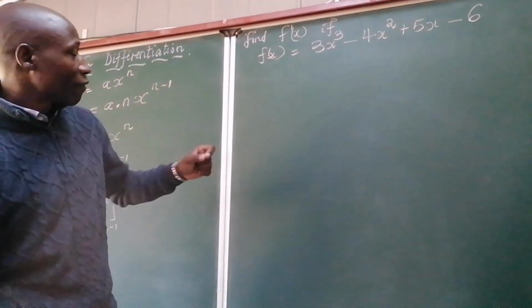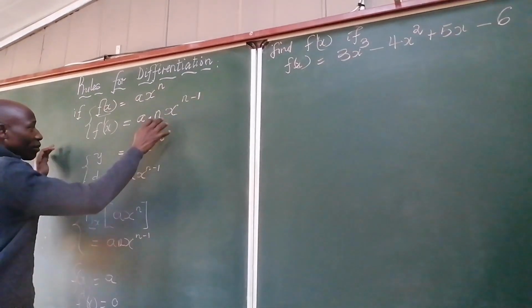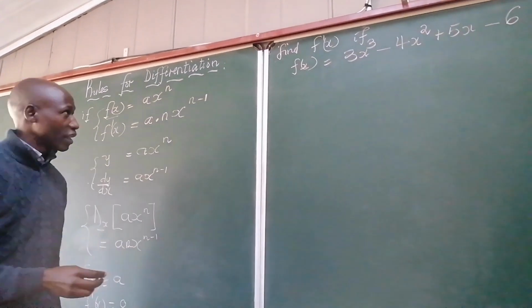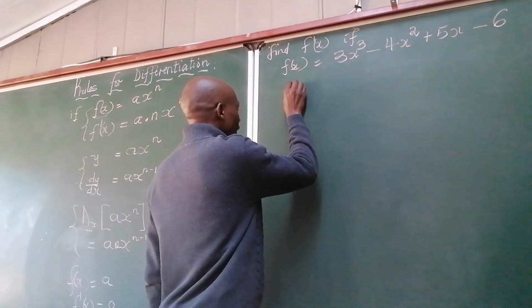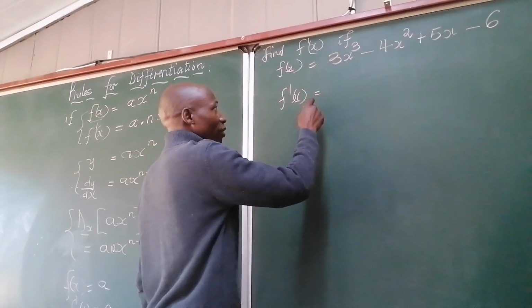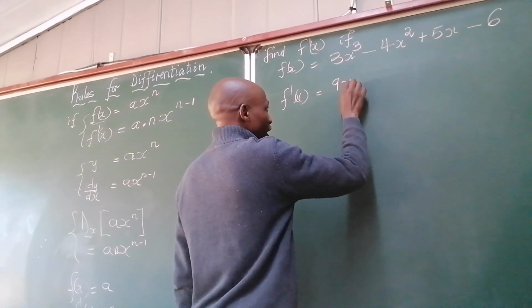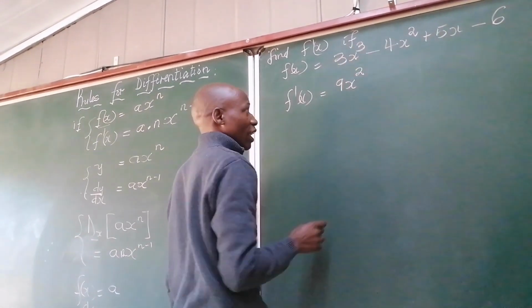This is a cubic function, and we can still differentiate it, applying the basic rule of differentiation. Then f prime of x is equal to, when we drop the power there, 3 times 3, this is 9x to the power 2, we have subtracted the 1.